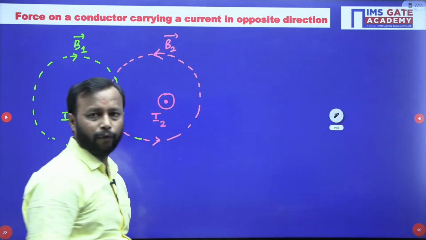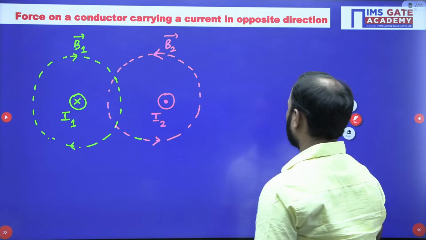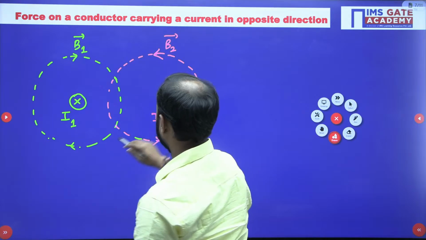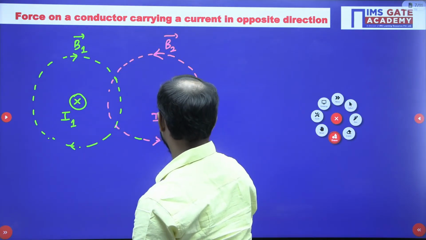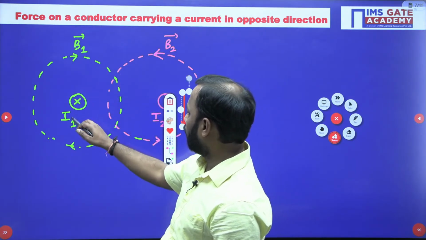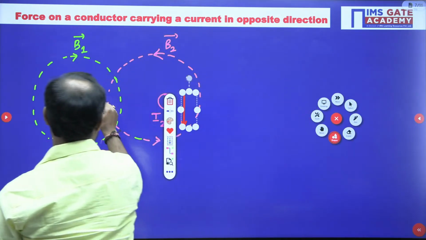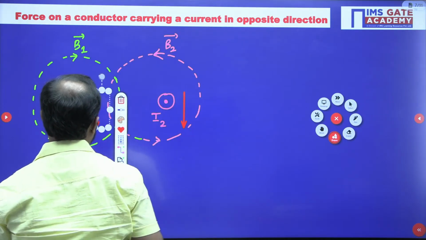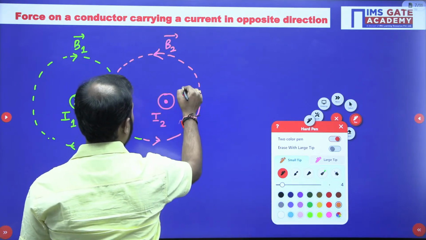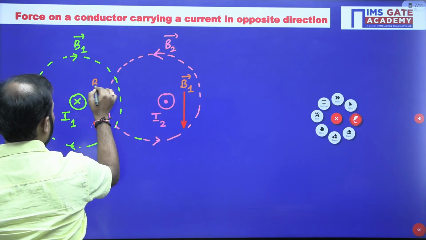Okay, now let us find the force. See, how will the force act here? In this conductor, the magnetic field direction of B1 will be what? See, what is going here, it is going downward, so B1 direction is downward. And similarly in conductor 1, B2 direction is downward. So here this is B1 direction, and here it is B2 direction.